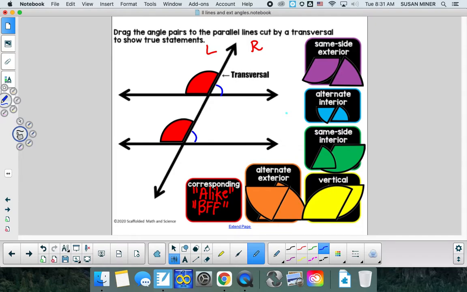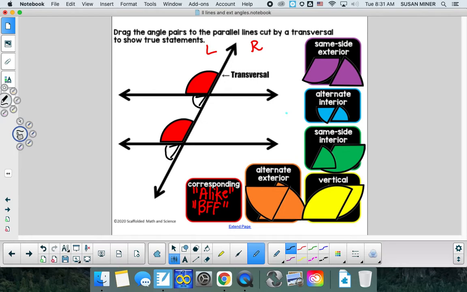You can see those arrows are pointing in the same direction, right? There's another set of corresponding angles here and here. Those arrows are pointing in the same direction. And there is one more set of corresponding angles here, where that arrow points that direction, and here.